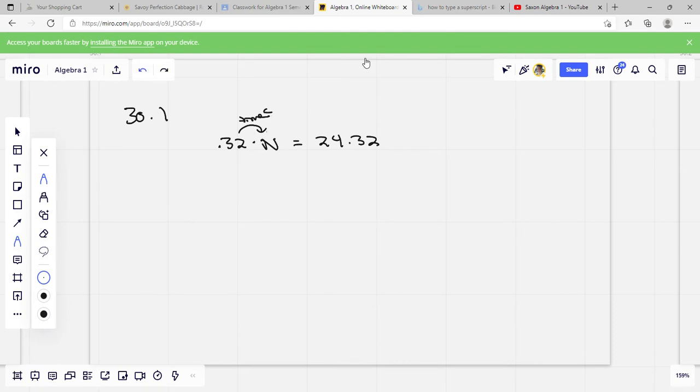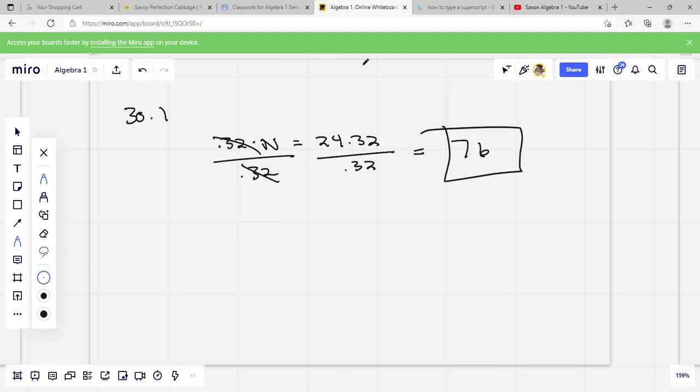So we're going to do the opposite of times, which is divide. Those cancel, and then we just divide that. You can type it into a calculator, and you're going to come up with 76. Easy peasy.